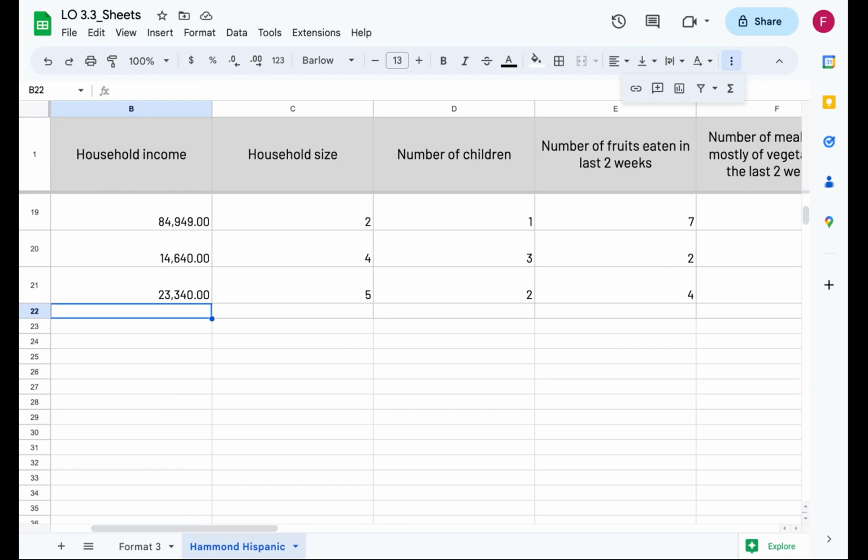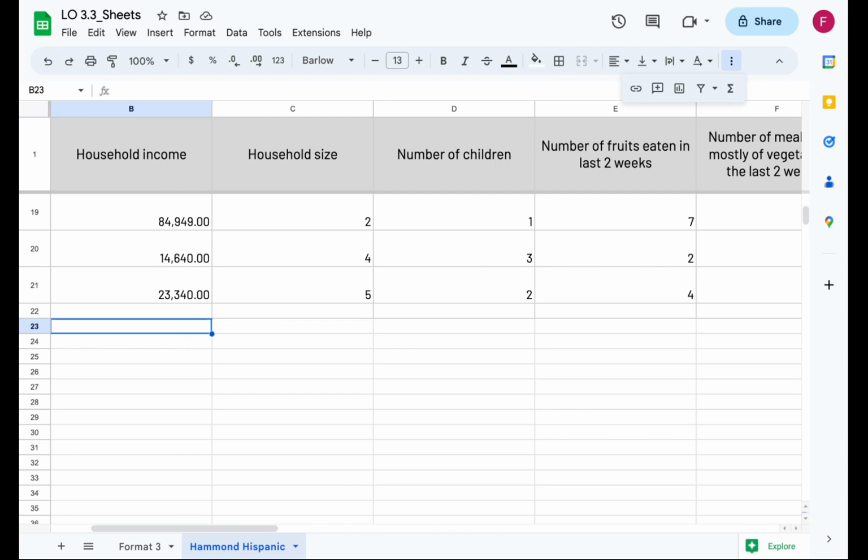So let us use, for example, for participant 20, this is their annual income for the household, and there are 5 people in that home, and you're trying to figure out on an average how much of this income goes to each person. Let me put it this way.